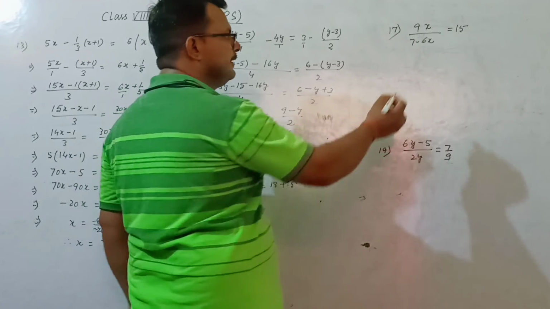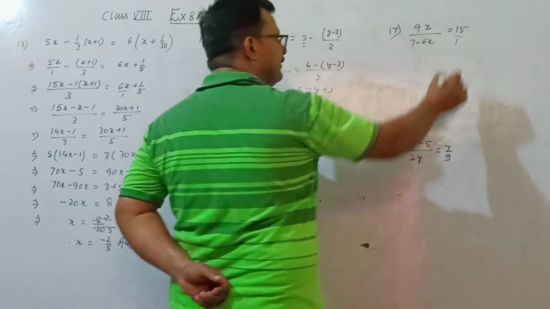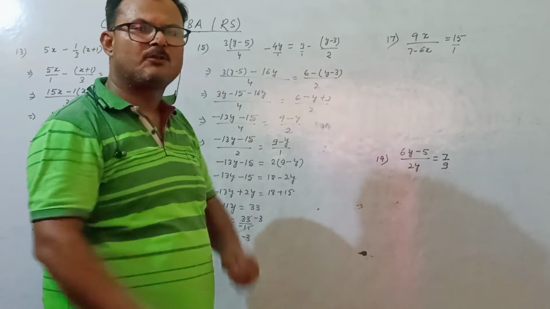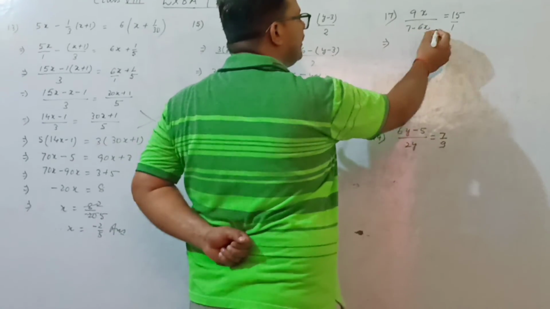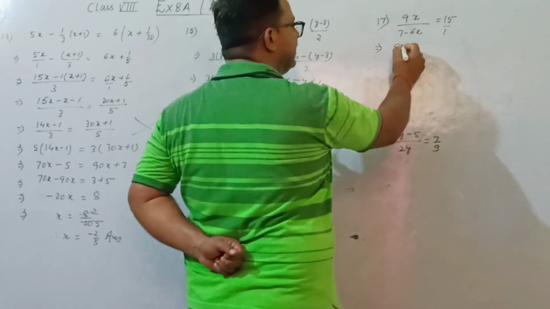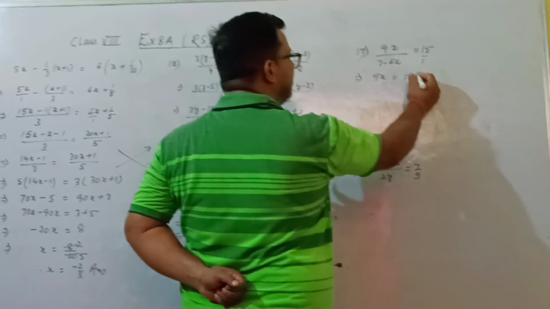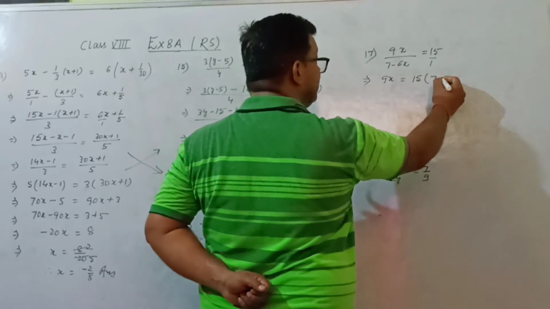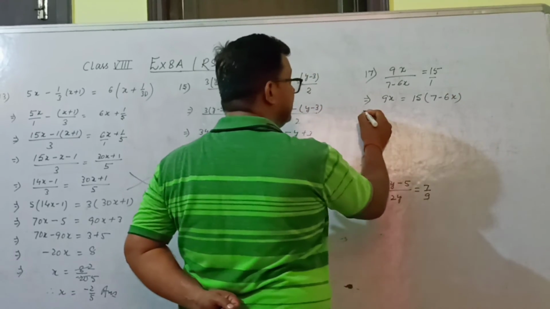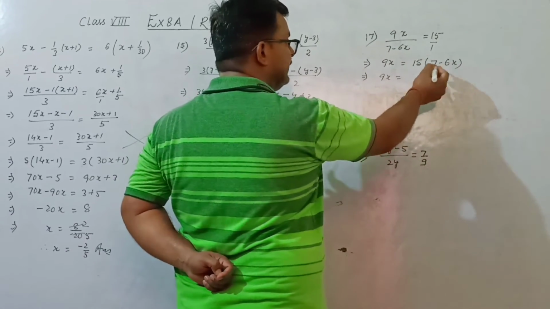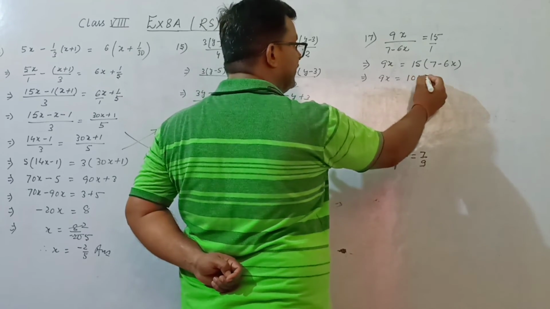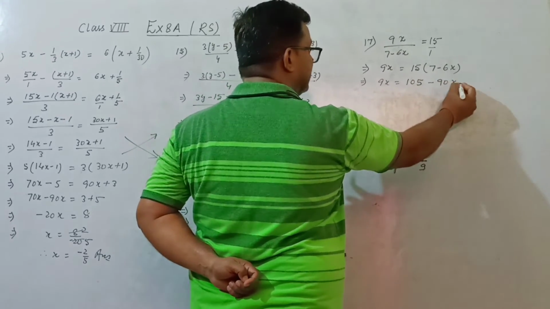Next, question 17. You do not have to reduce, you have to directly cross multiply to get the equation shortened. 9x into 1, 9x, and here 15 will multiply with this binomial. Numbers should be written first, remember it. 9x, 15 times 6 is 90, 15 times 7 is 105, 90x.